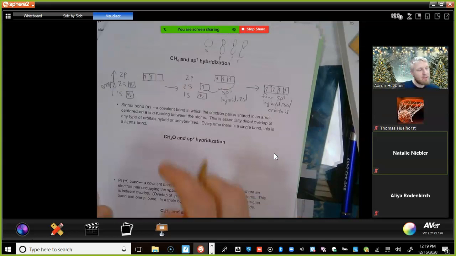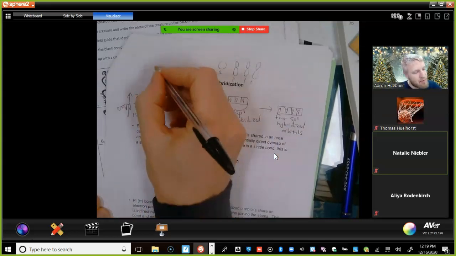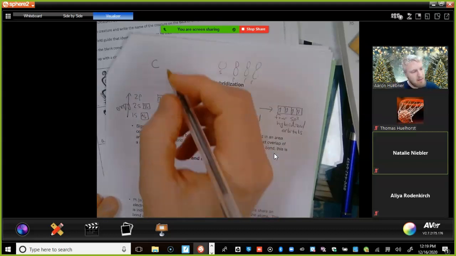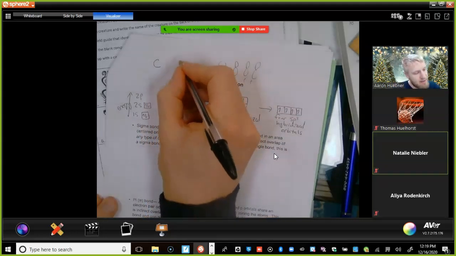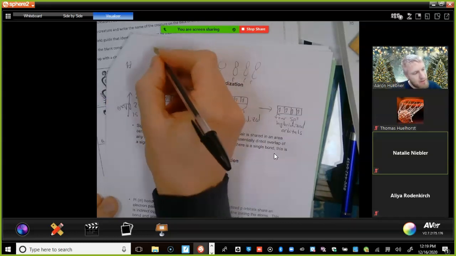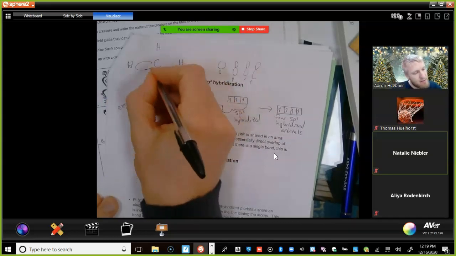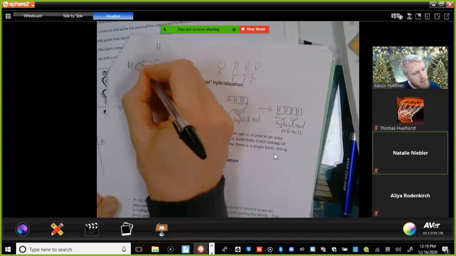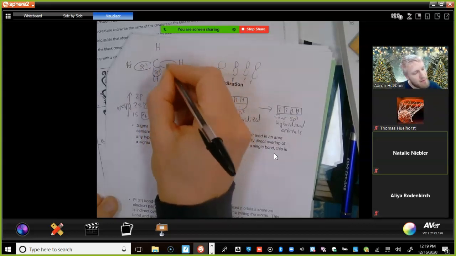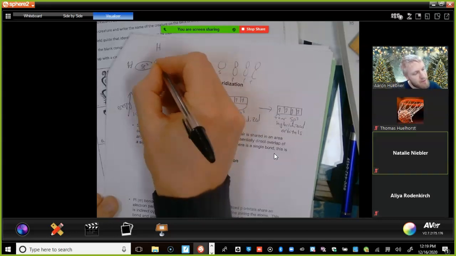All right, and then the picture, if we're doing CH4, I'm going to put C in the center, and we got H's, H's, H's, H's. Here we got sp3 hybridized, sp3, sp3.